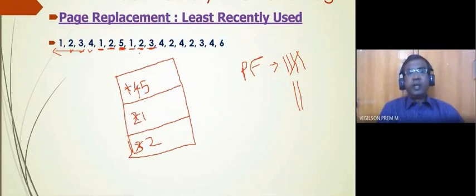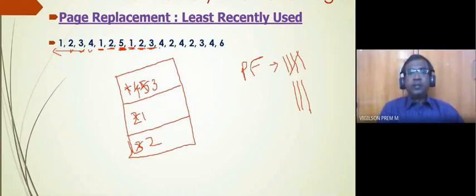So 2 is there, 1 is there, and 5 is the oldest one. Instead of 1, I will replace 5 with 3. So one page fault will occur.